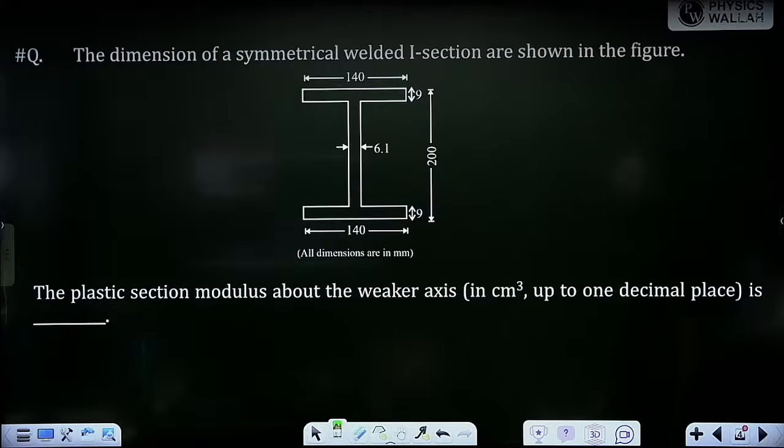We have to find out the plastic section modulus here in centimeter cube.